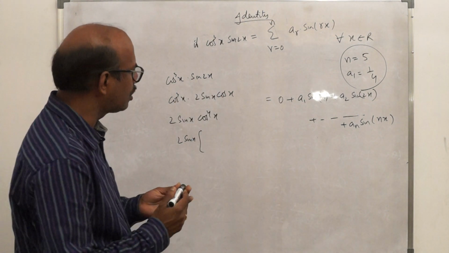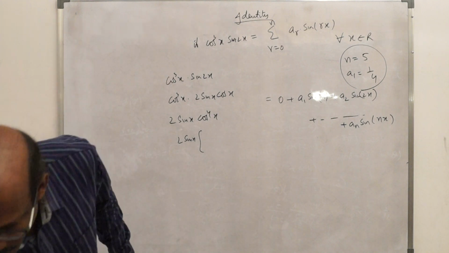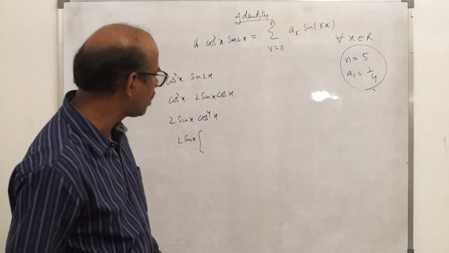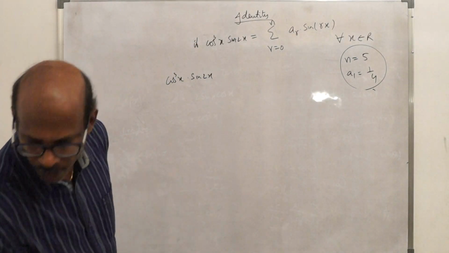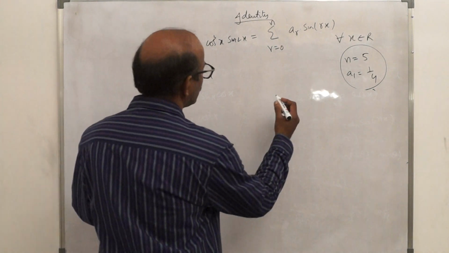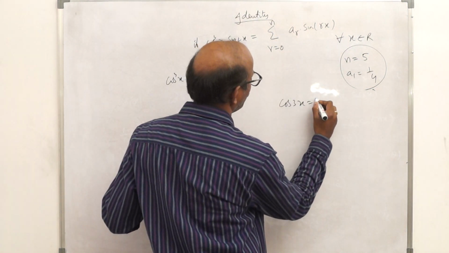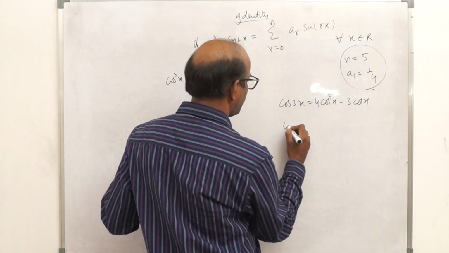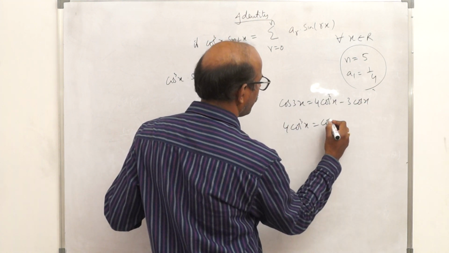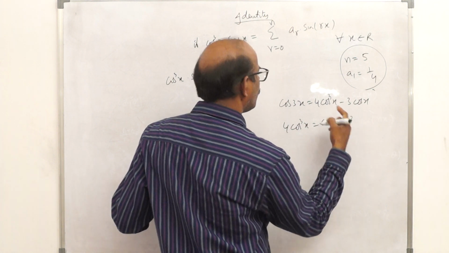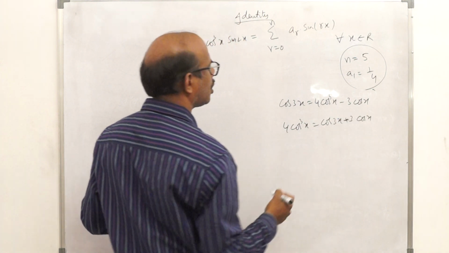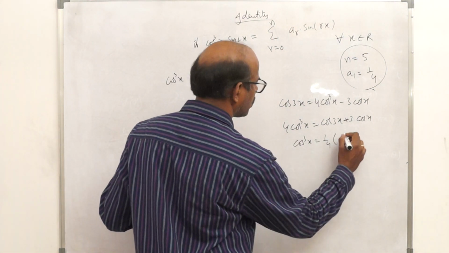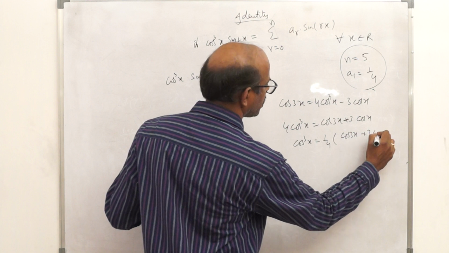Suppose I convert cos cube x not this way, but from the cos 3x formula: cos 3x equals 4 cos cube x minus 3 cos x. Now if you rearrange, 4 cos cube x equals cos 3x plus 3 cos x, so cos cube x equals 1/4 of cos 3x plus 3 cos x.